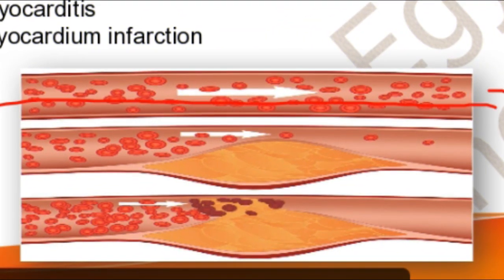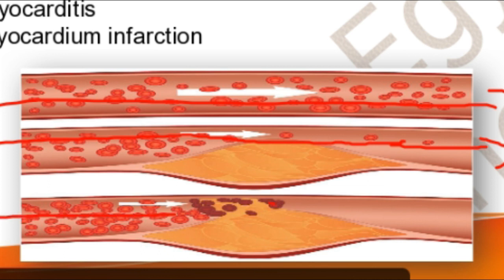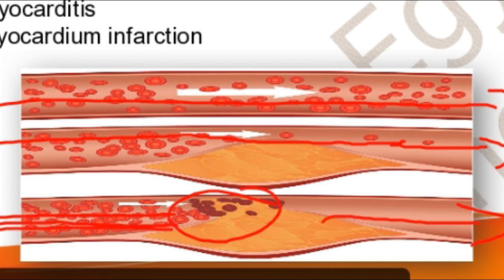Here there is the normal blood flow. Here is when ischemic heart disease will happen, because the amount of oxygenated blood is not flowing properly. But here there is an atherosclerotic plaque that will block the lumen of the vessel completely and give us an infarction, which leads to necrosis.